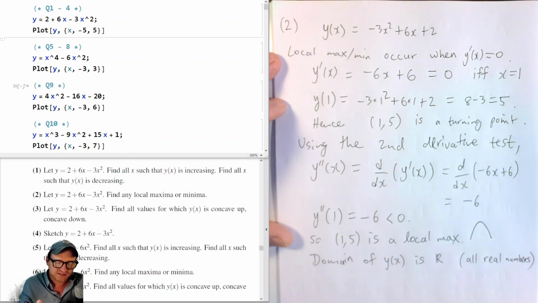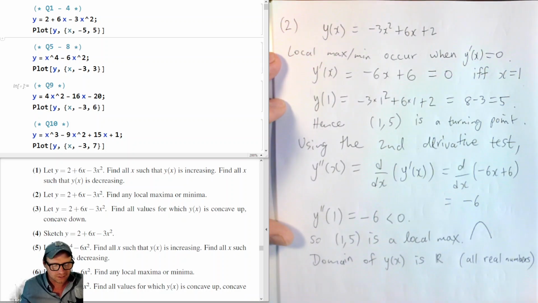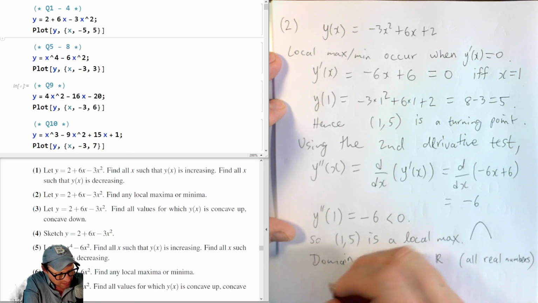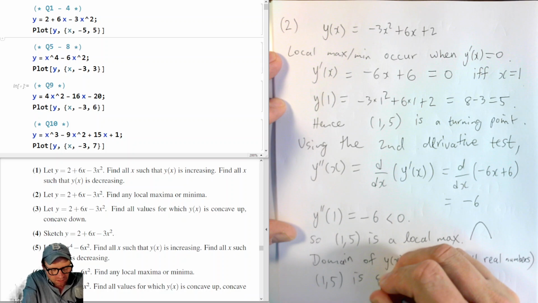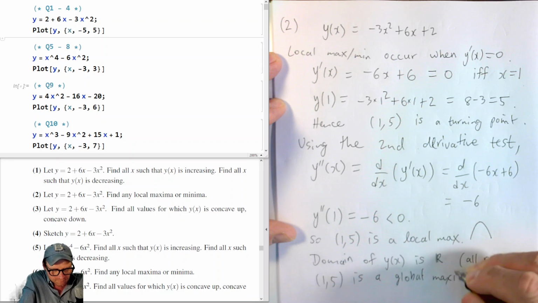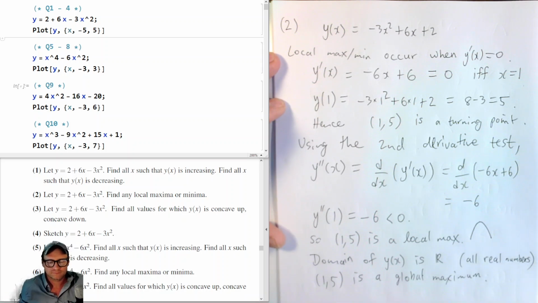And so you can prove this algebraically as well by completing the square on that original function. So we'll say this point, 1, 5, is also a global max, because it's the maximum of any point on the domain. All right, great. Let's move on.